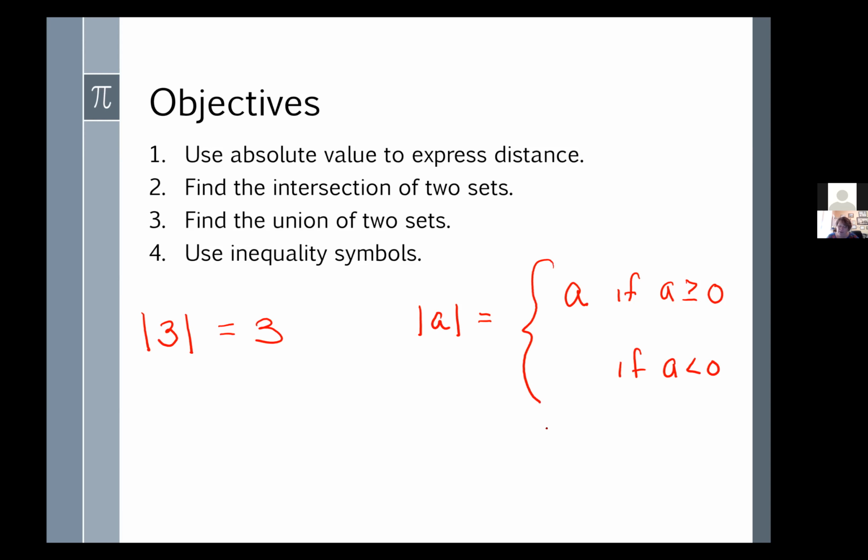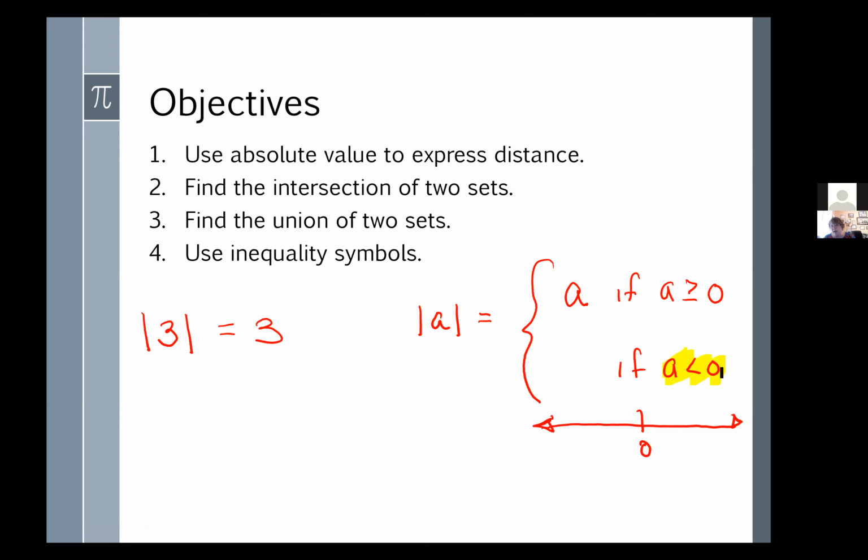Looking at my number line, if a number is to the left of 0 on my number line, then it's negative. So the way we represent that is we say that number is less than 0. That's what that means.